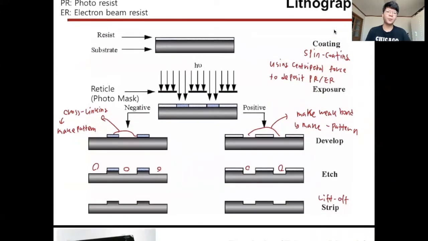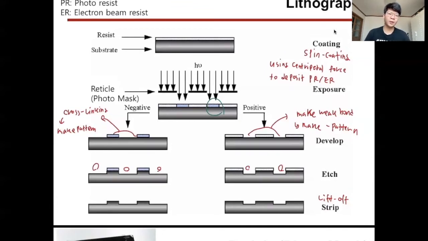After that, we expose it to light or an electron beam. And there are two types of lithography. First, positive: after we expose the light, in the develop stage, we make weak bonds on the exposed part, so it makes the patterns.